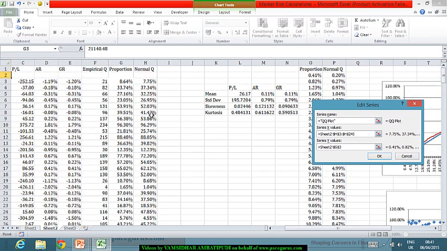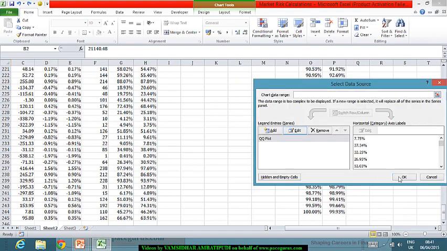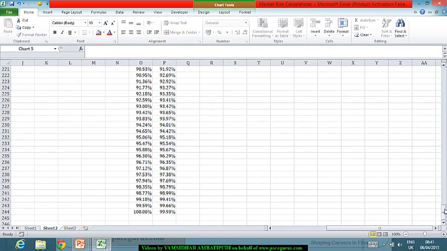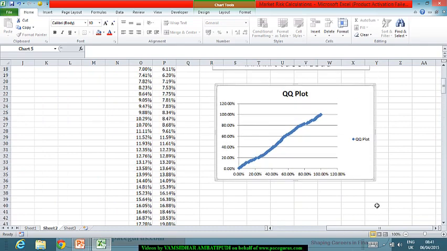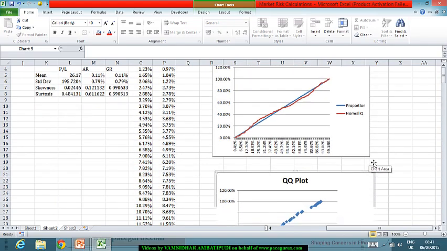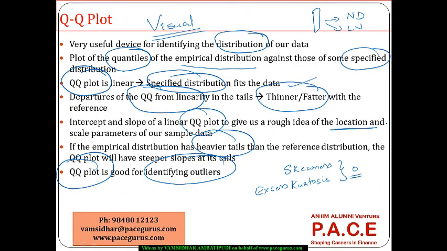So this is what can be understood from the QQ plots. The outliers can quite comfortably be understood, which really helps us see to what extent the data fits the particular distribution. Because the more it fits a particular distribution, I can use the properties of that distribution to explain the data quite comfortably.